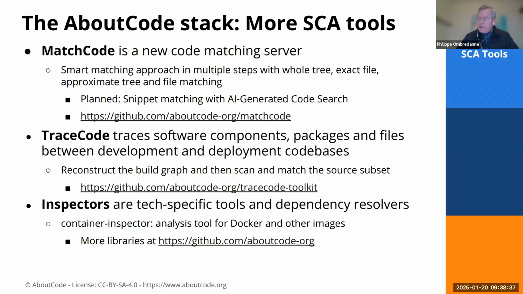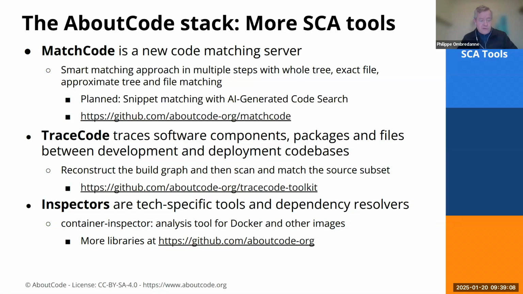TraceCode is a set of tools to trace component package files between development and deployment code bases. It's also integrated in ScanCode, and inspectors are lower level specific tools for specific needs. For instance, there's an inspector for Go, which is able to do specific introspection of Go binaries.